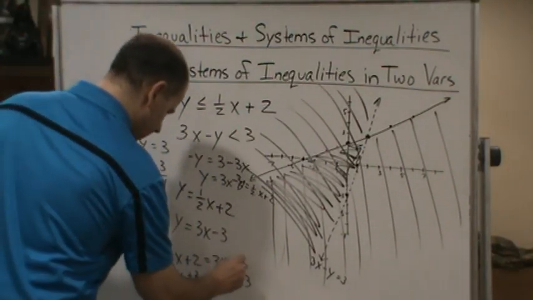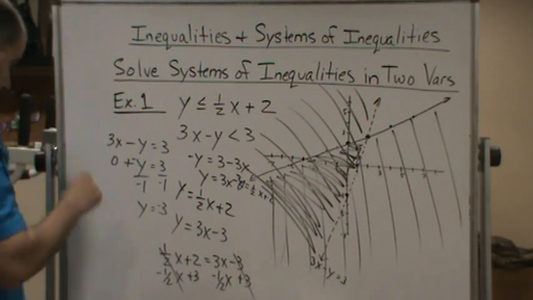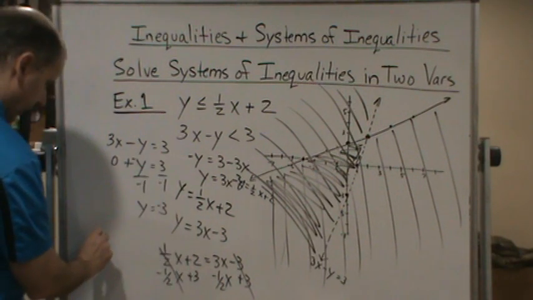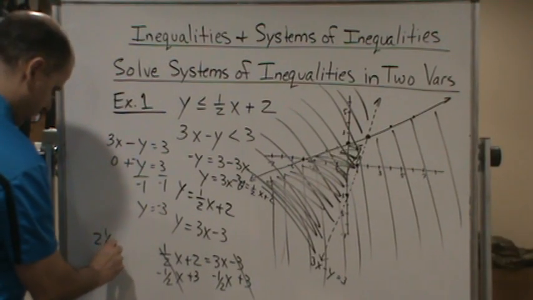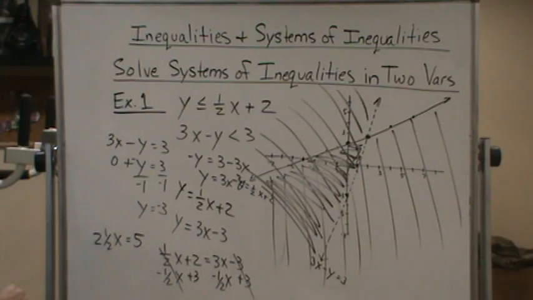So these cancel. And what do I get? I get 2.5x is equal to 5.